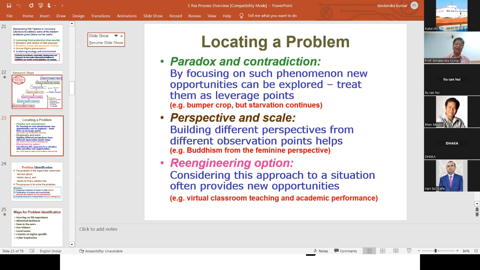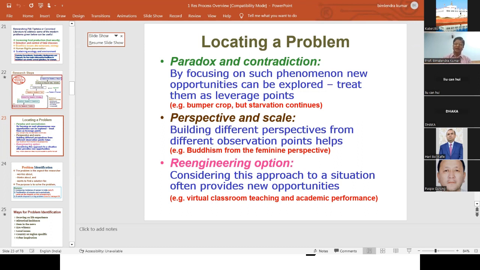So that is how perspectives are changing from time to time. So if we have to make research problems, we have to observe how things are changing.